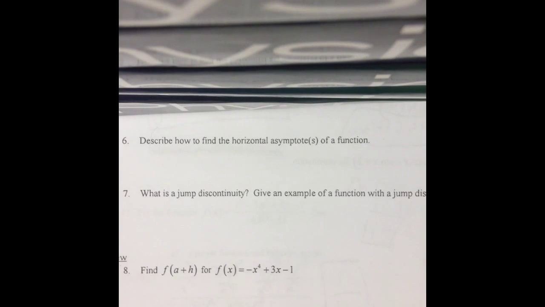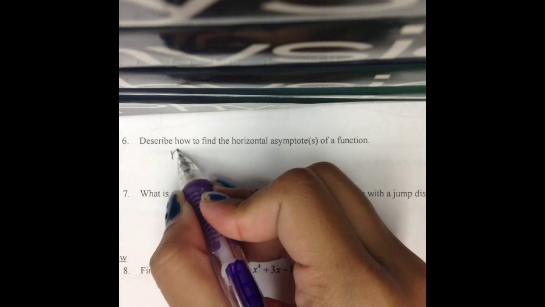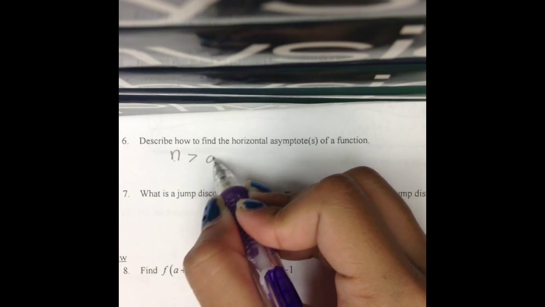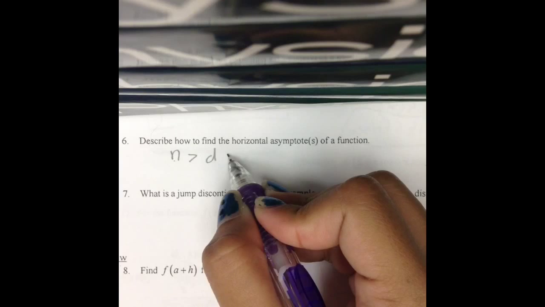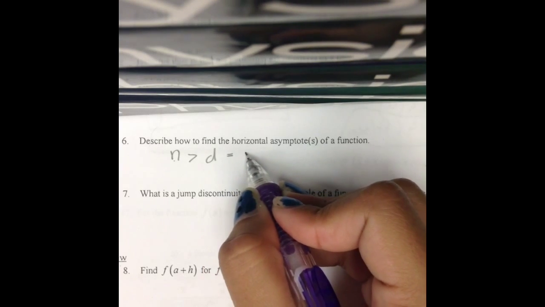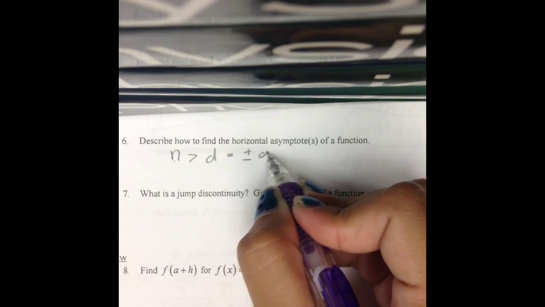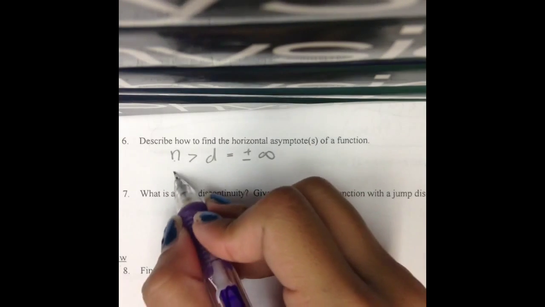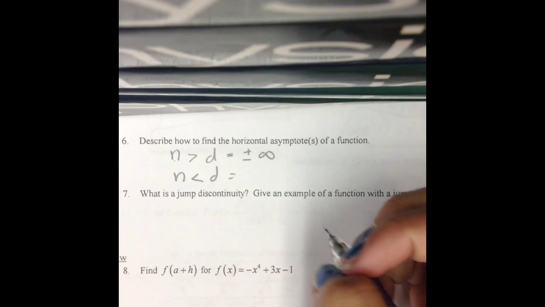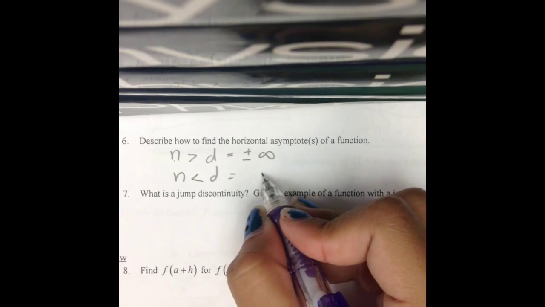Describe how to find the horizontal asymptotes of a function. Well, to find the horizontal asymptotes, there are certain rules. When your numerator is greater than your denominator, your asymptote is at positive or negative infinity. But when your numerator is smaller than your denominator, your horizontal asymptote is 0.